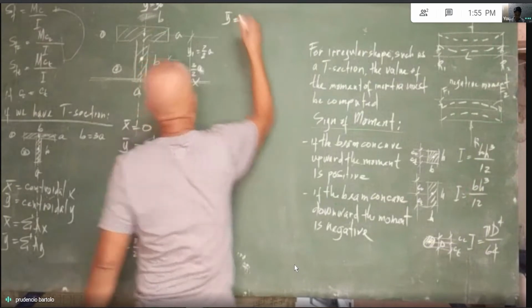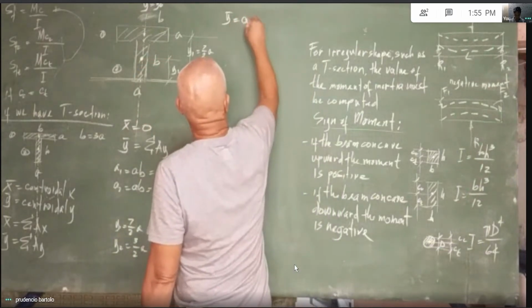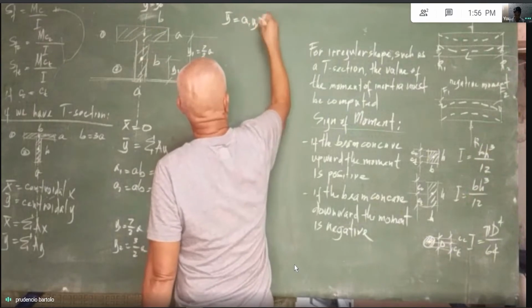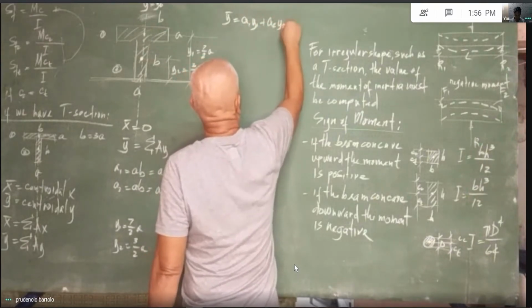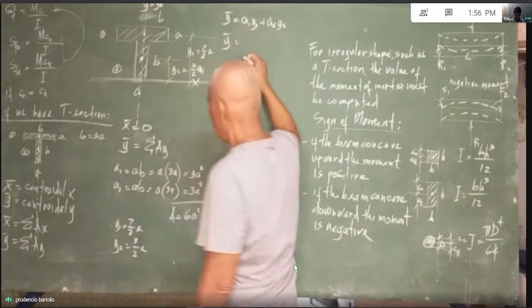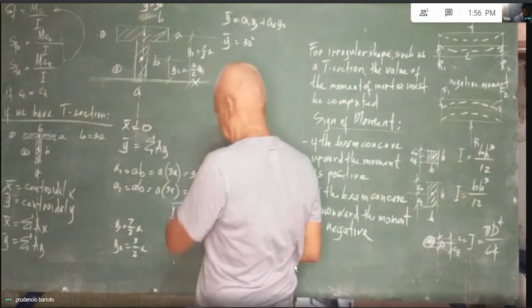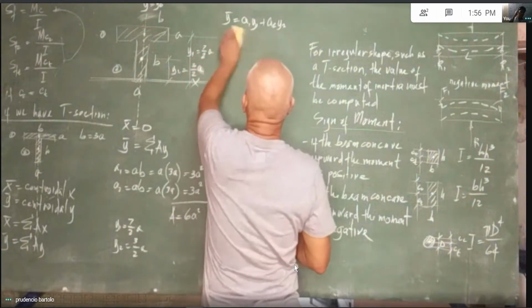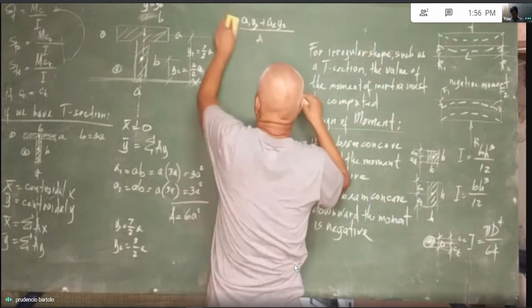Y bar now is equal to A1 Y1 plus A2 Y2. Substituting values, Y bar now is equal to 3a squared divided by the total area.